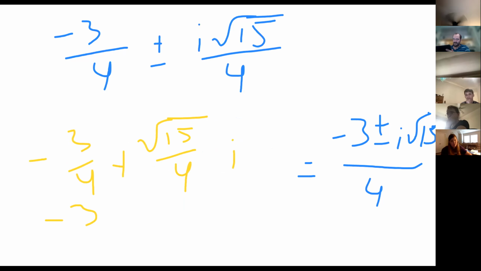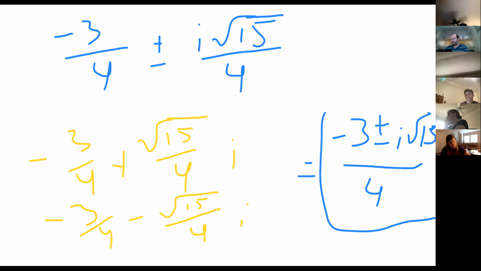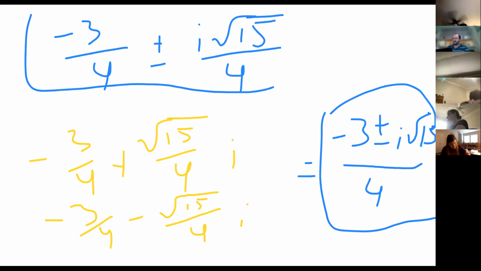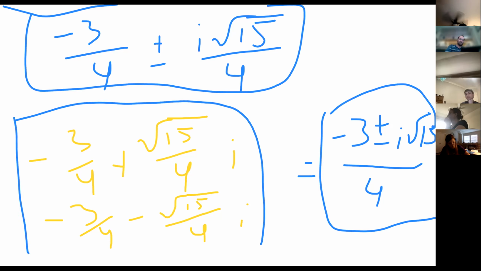But that gives me my real part and my imaginary part separately. If you put any one of these three things on your paper, we're probably going to count it right. I would count it right.